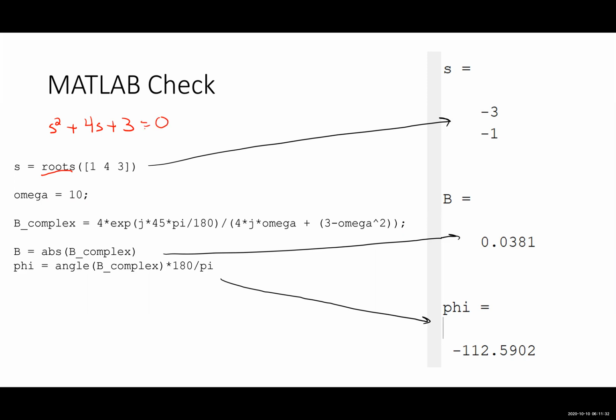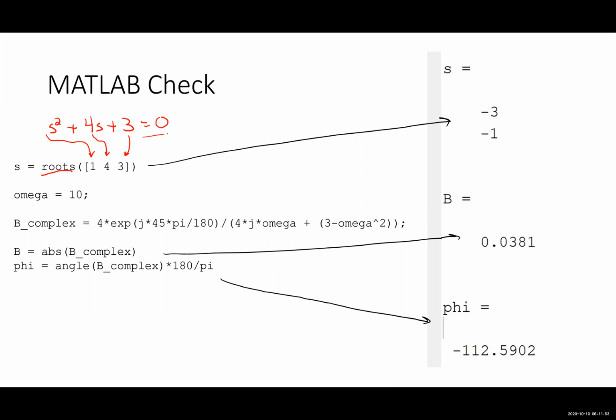What I did was I take the coefficient and put that as the first element in a row vector, this middle coefficient as the second, and this as the last one, okay? And I take the roots of that, all right? So that basically says get the roots of this polynomial, which are -3 and -1.